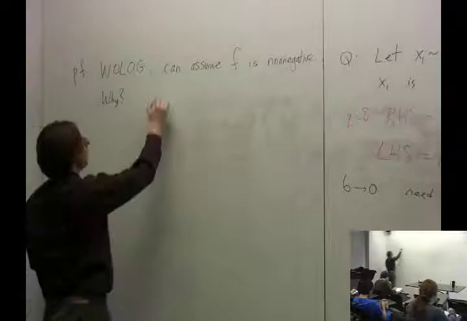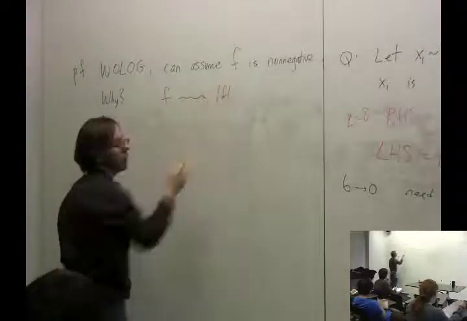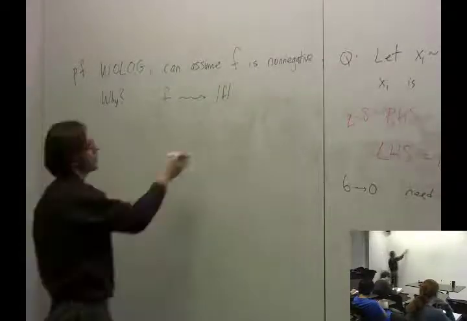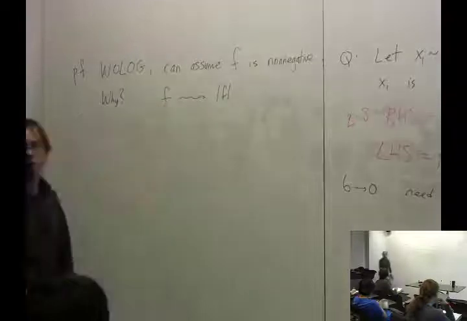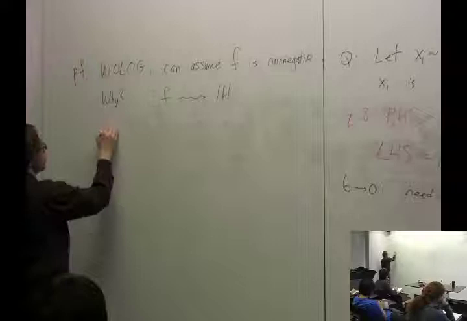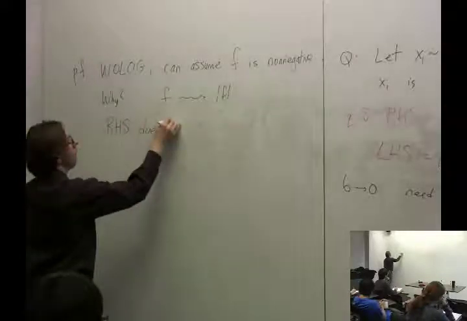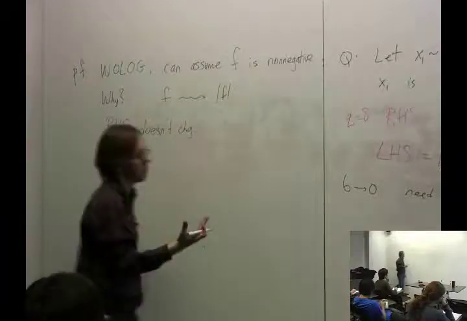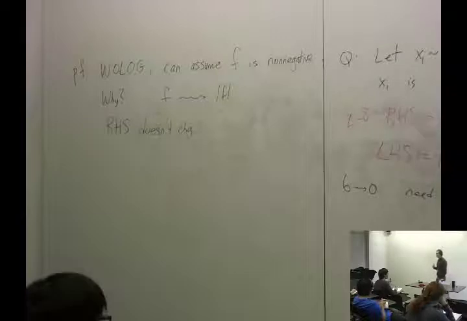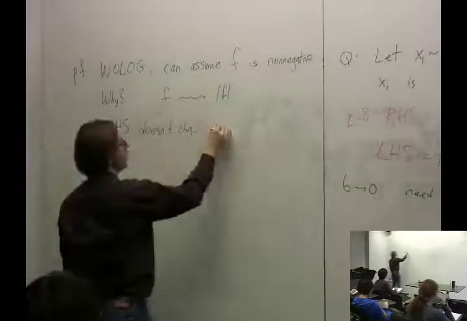Then for a general f, I'll replace it with the absolute value of f, which is non-negative. Then the theorem, by assumption, is true for this one. I want to show that it's also true for the original. The right-hand side does not change when I make this replacement, because the p-norm of f is the same as the p-norm of the absolute value of f, since the p-norm has absolute value built right in. So I just want to show that the left-hand side can only go up.